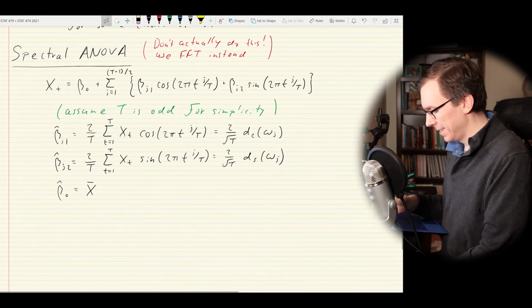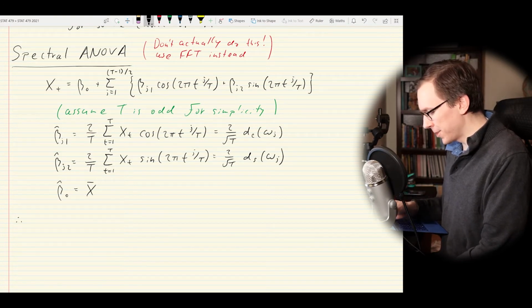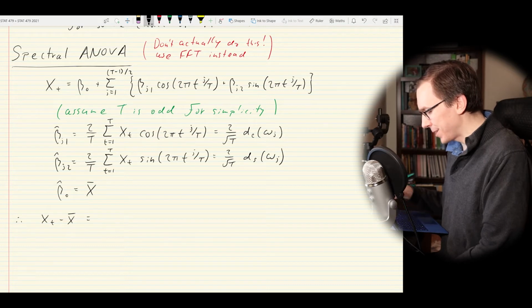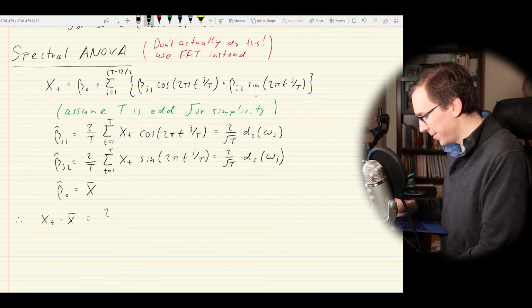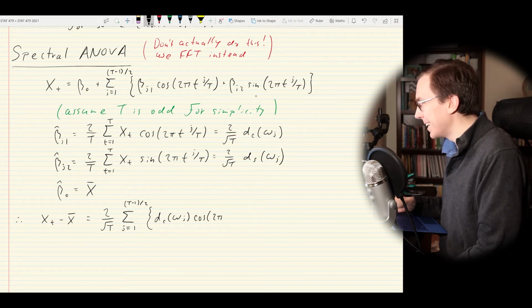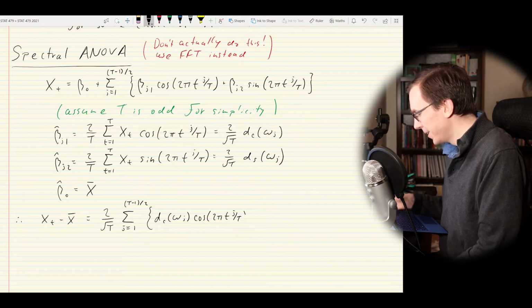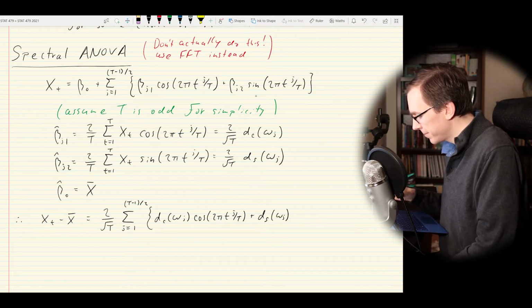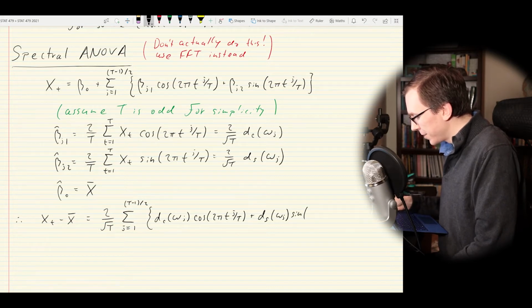Anyway, the point is that therefore, we can write xt minus x bar equal to 2 over the square root of T, the sum j from 1 to capital T minus 1 divided by 2, of the discrete cosine transform at omega j times the cosine of 2 pi t j over T, plus the discrete sine transform at omega j times the sine of 2 pi t j over capital T.